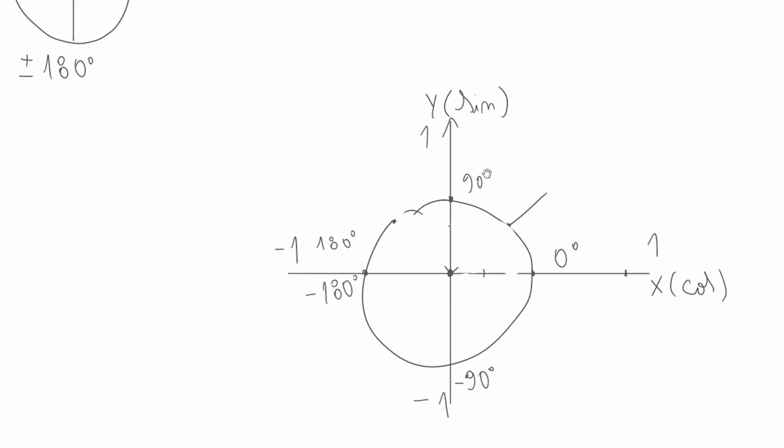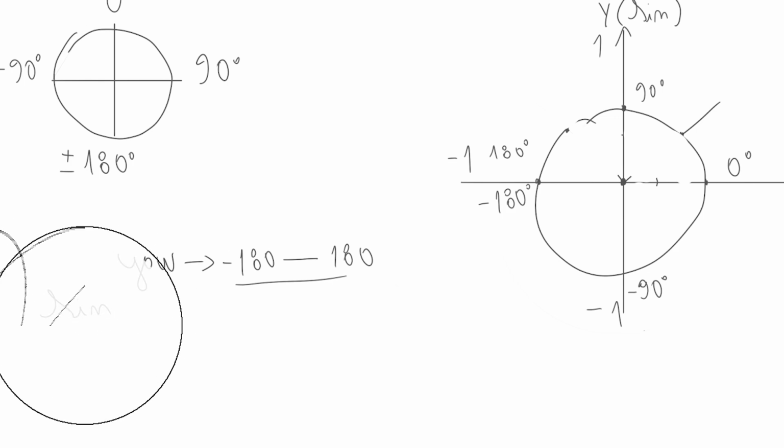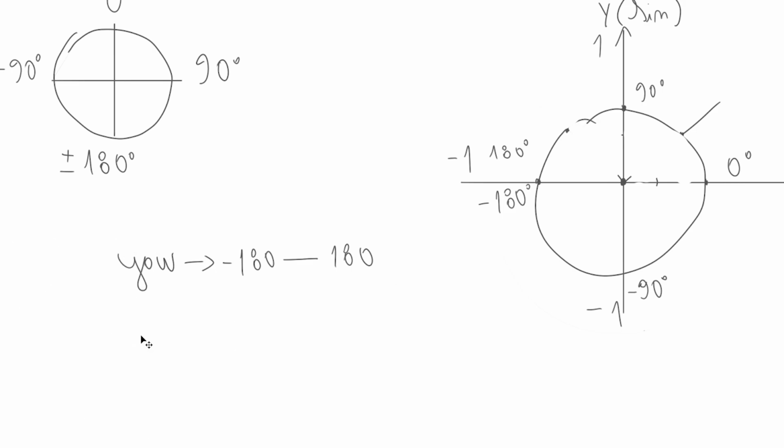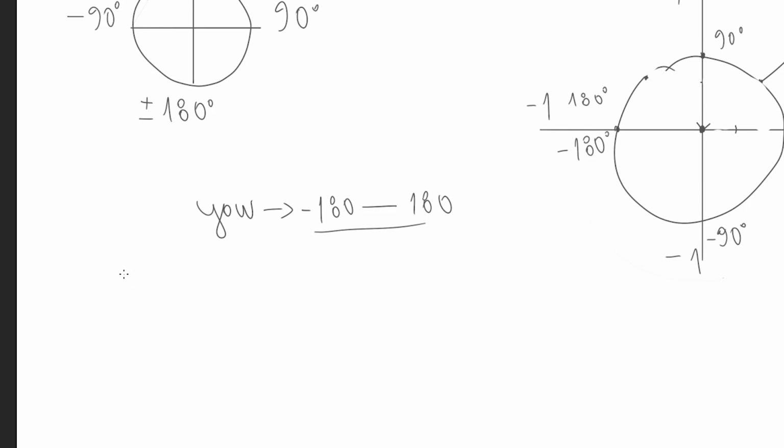So what do we do with that? Given this interval of yaw, we can use the sin function to get some values. So let me put here a table where I have the angle and the sin.